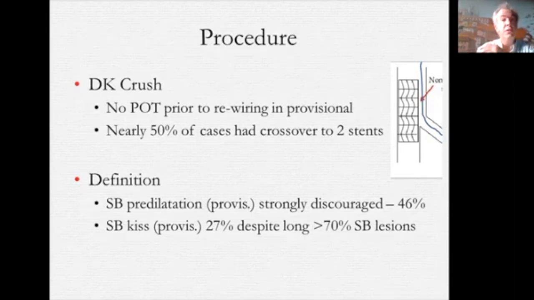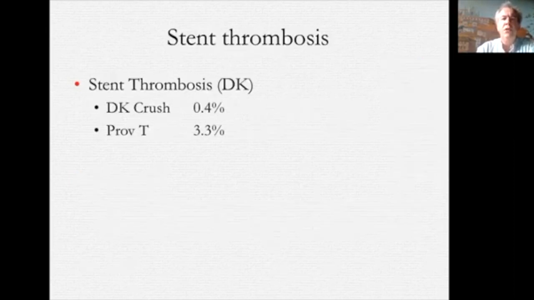So essentially the side branch, which in this case is a main vessel, was untreated in three quarters of the cases. So perhaps it's not surprising that the results were to a certain extent biased in favor of the DK crush outcome. We saw some surprising results in terms of stent thrombosis.